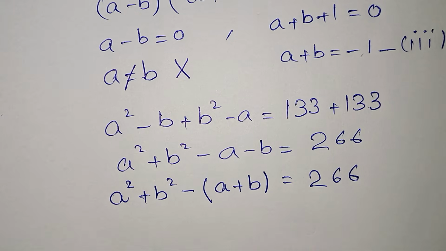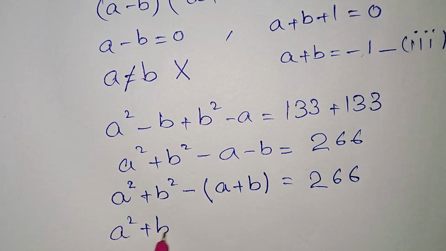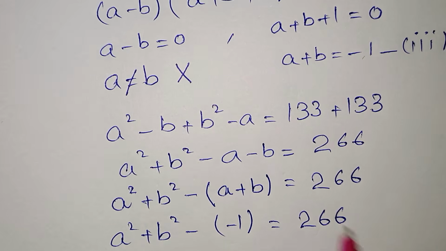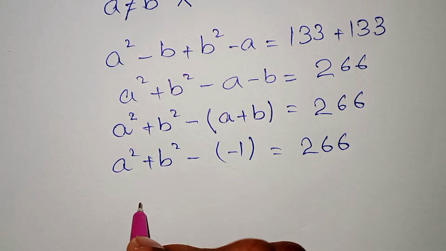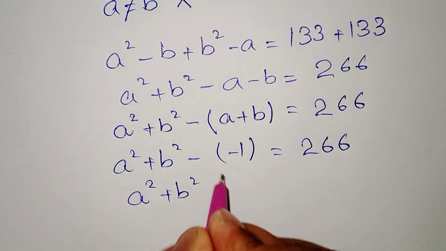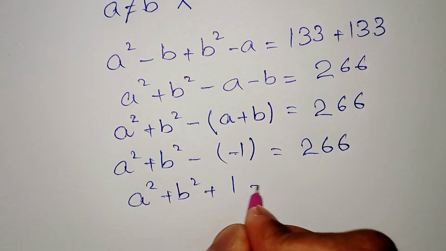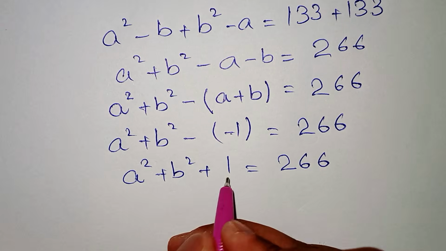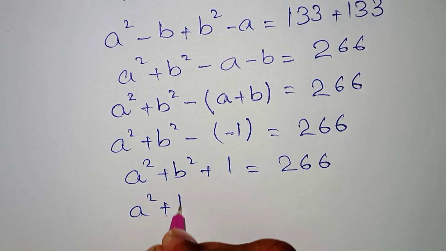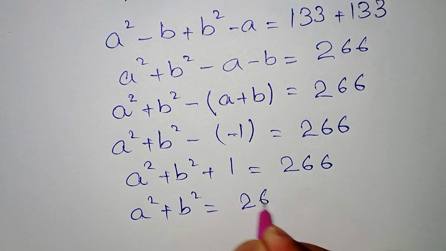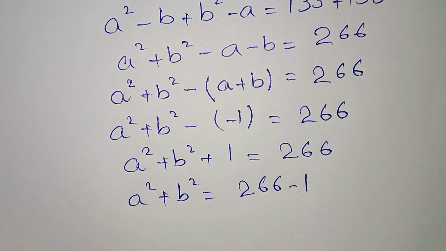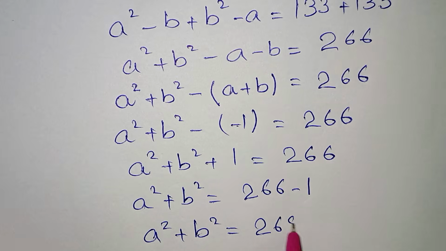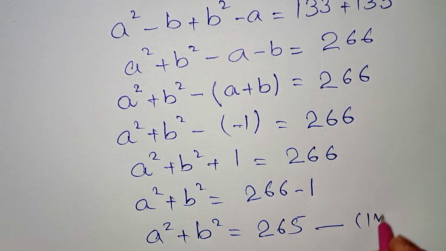Put −1 here: a² + b² − (−1) = 266, which is a² + b² + 1 = 266. Subtract 1 on both sides: a² + b² = 266 − 1. So we get a² + b² = 265. This is our fourth equation.